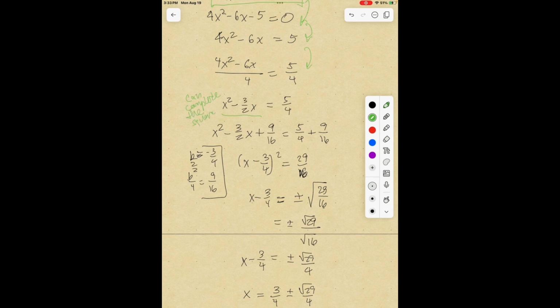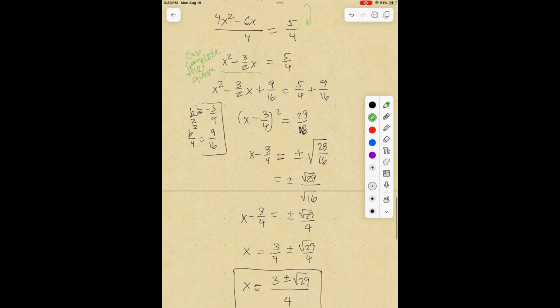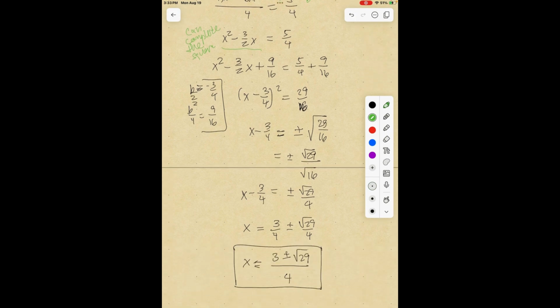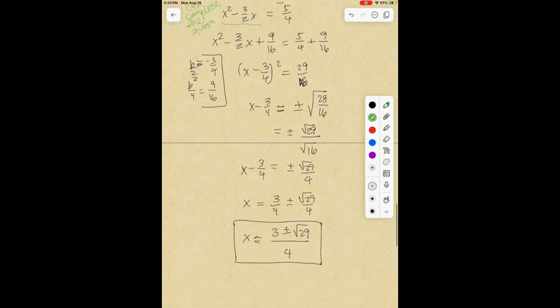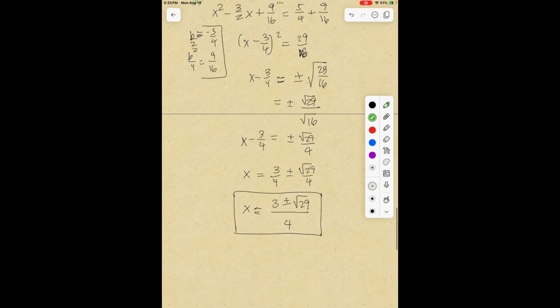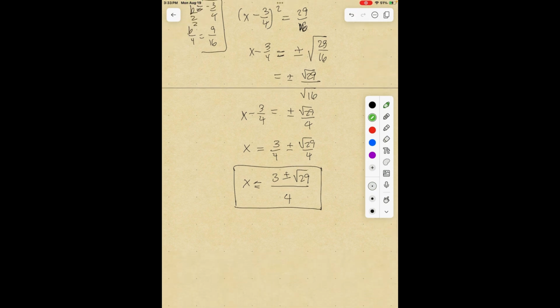We wanted something with just x squared plus bx. Once you complete the square, we just factored and took square roots. What we're really doing when we take square roots is applying the square root fact, that's plus or minus the square root, and then you solve for x. So it's a lot of steps, but when you break it down, they're steps that you can understand, and you're just putting it all together.